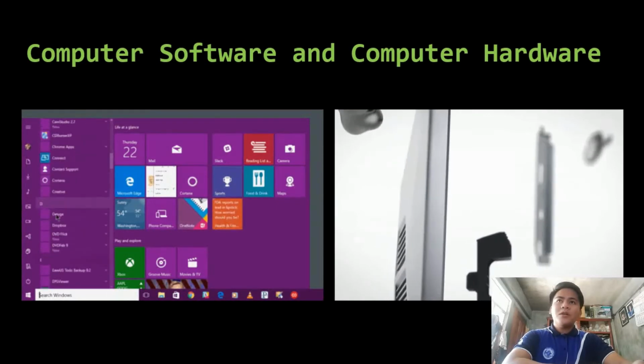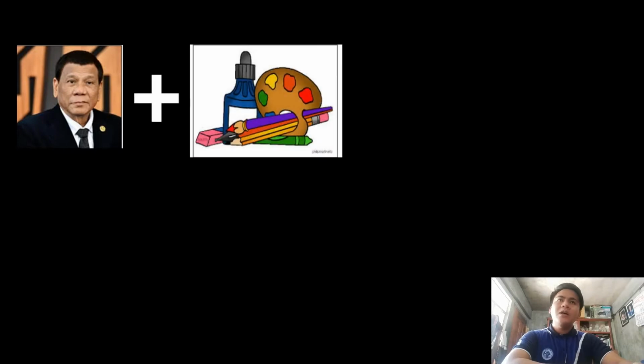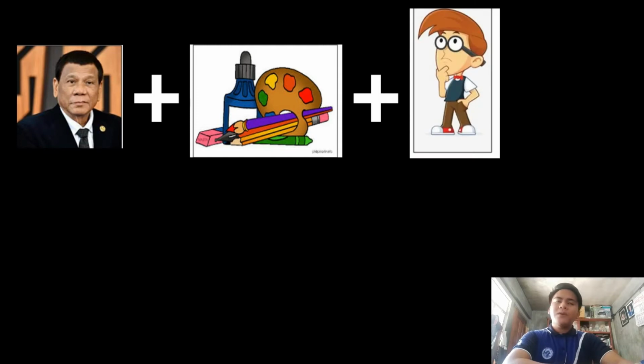Now, to start our discussion for today, please observe this illustration. Take a look at this illustration and observe. For the first illustration, we have an illustration of our current president, Rodrigo Duterte, plus the art material, plus the idea and the skills of Mr. Michael.